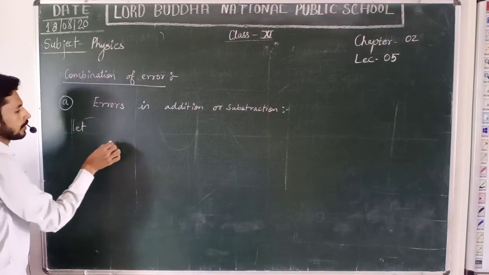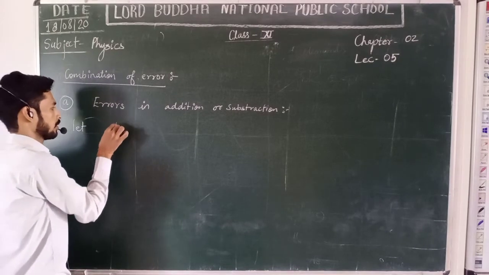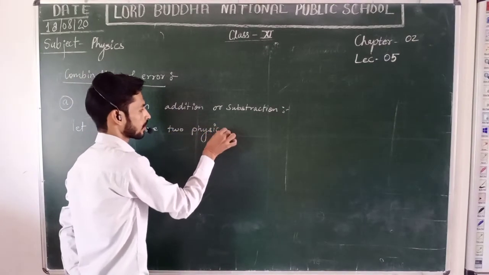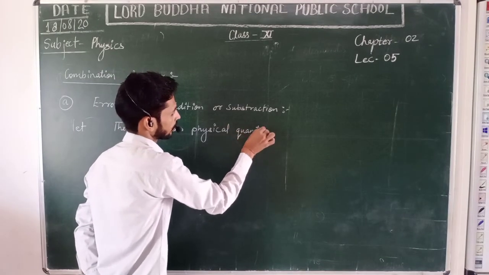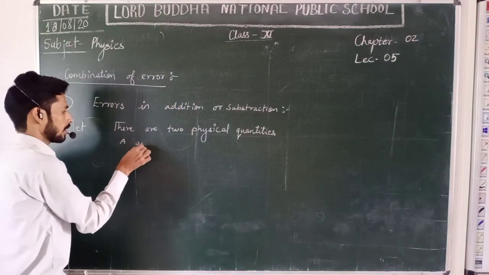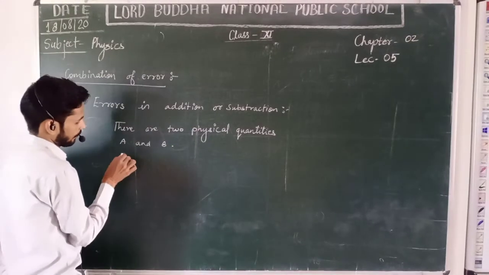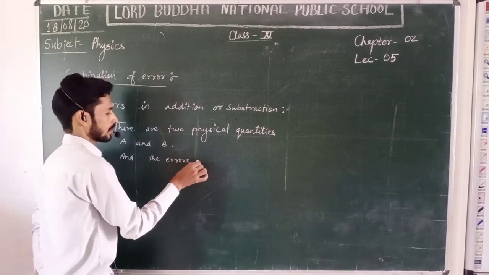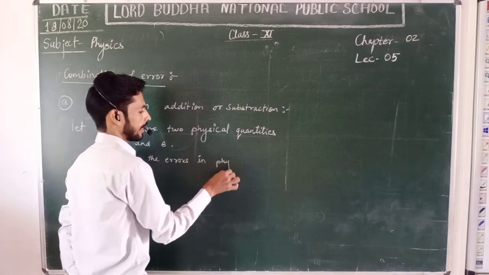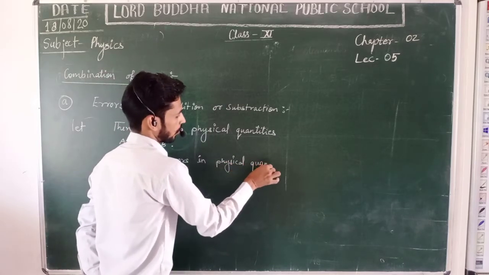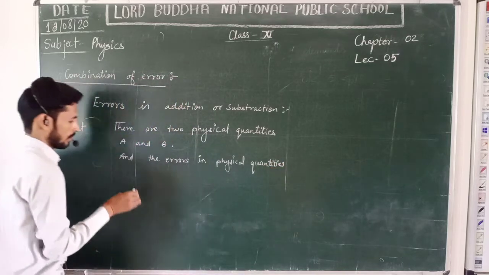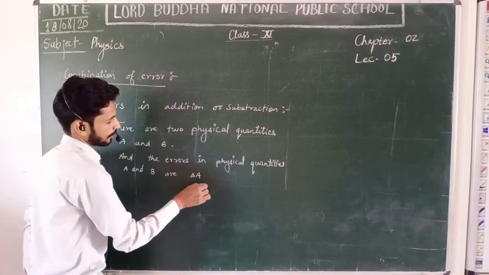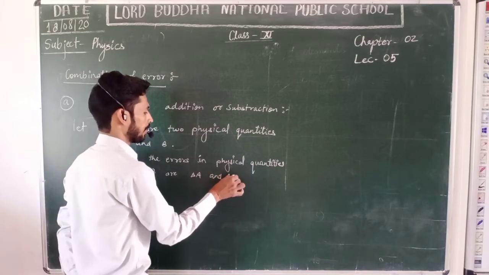Suppose there are two physical quantities A and B, and the errors in physical quantities A and B are delta A and delta B.